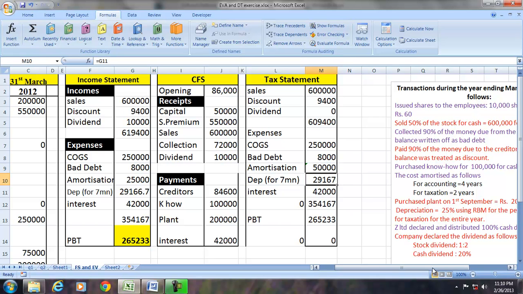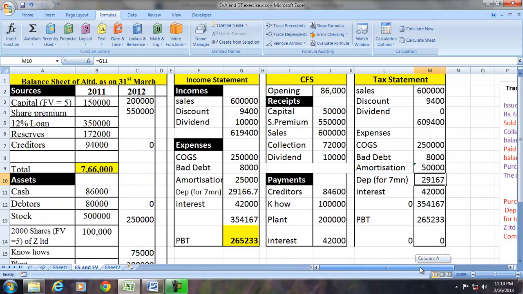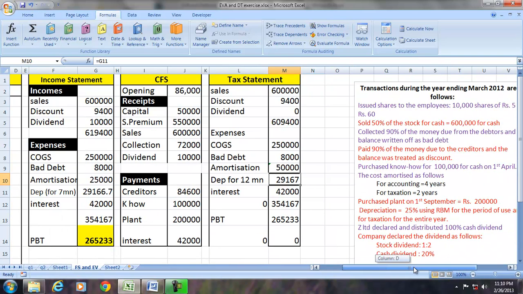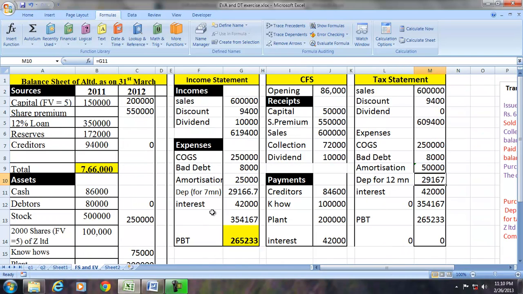Depreciation for taxation is for the full year. So depreciation for taxation will not be for 7 months, but will be for 12 months. So depreciation for 12 months is equal to 25% on the cost of the asset.